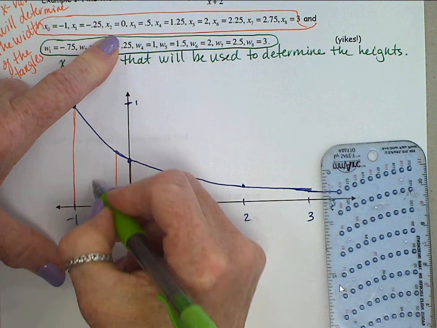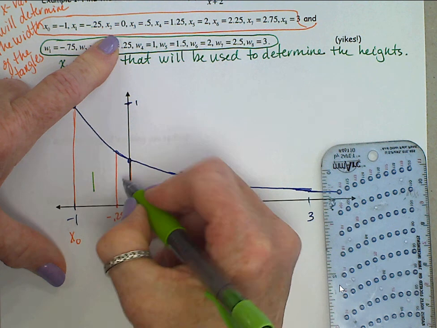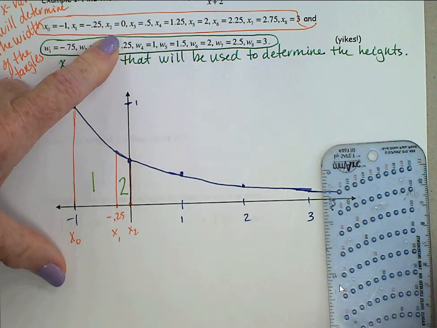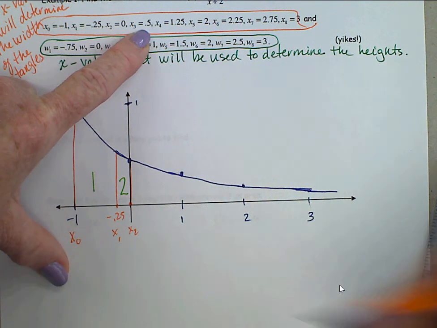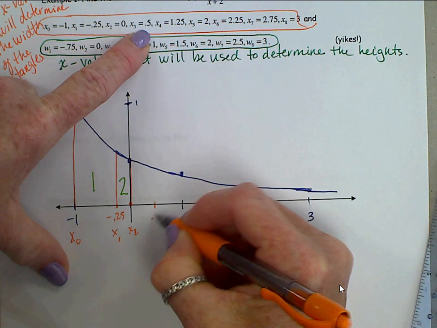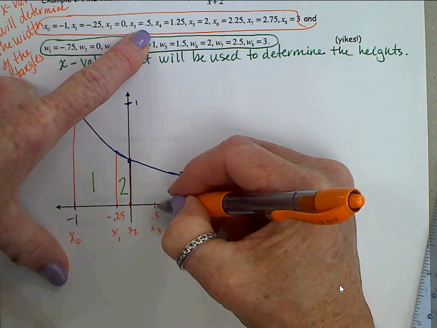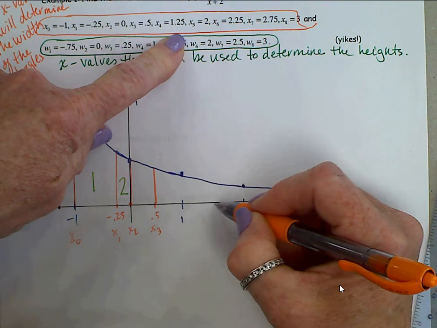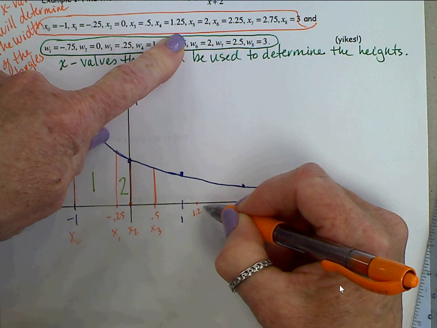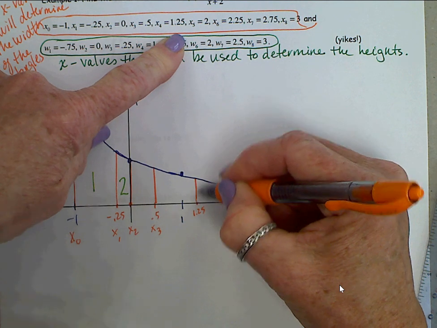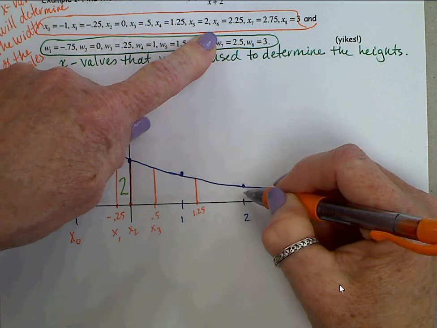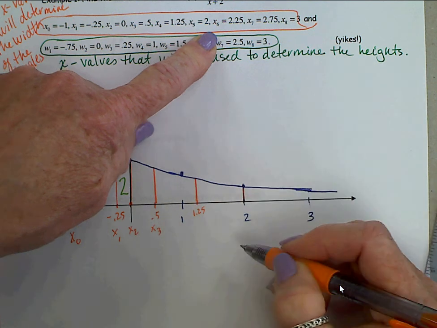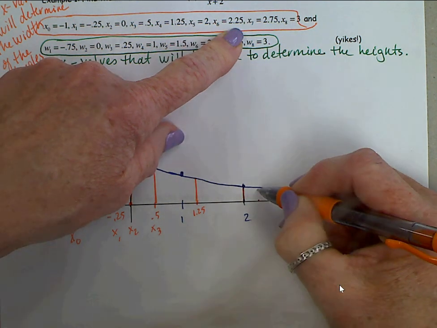So what this is telling us is that's the first section. There's the second section. Third one at a half. Fourth one, 1.25. Fifth is at 2. Sixth, 2 1/4.